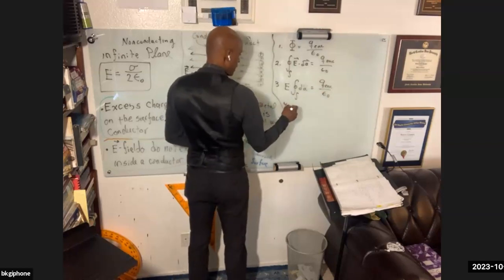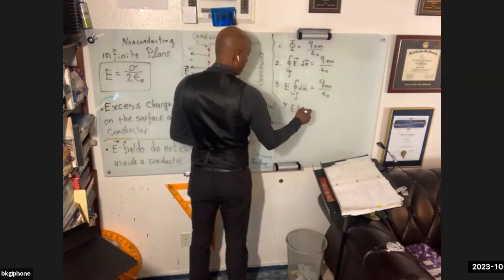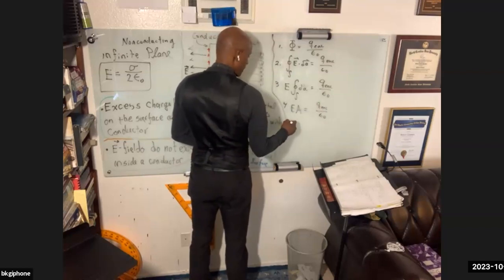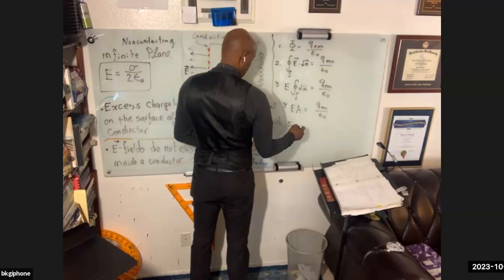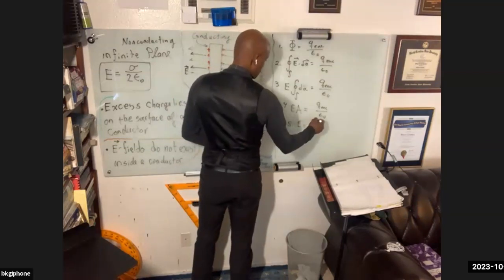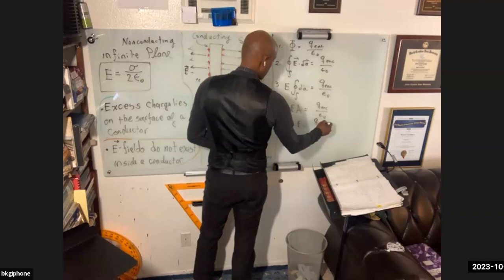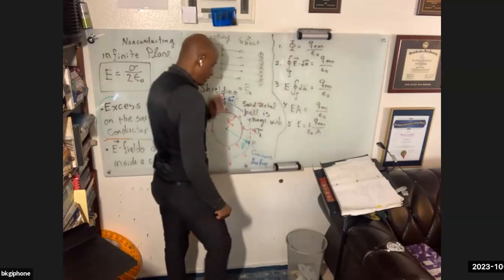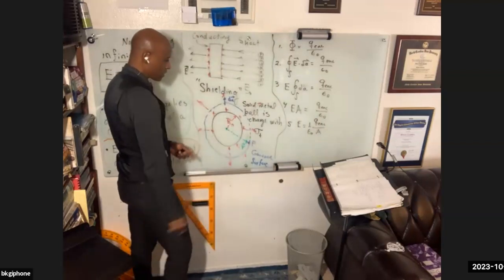Okay, so then we just have E A equals total charge enclosed divided by epsilon naught, and then we solve for E. So here what we see is that E equals 1 over epsilon naught times the charge enclosed divided by A. But the charge enclosed is just the total charge of the material.